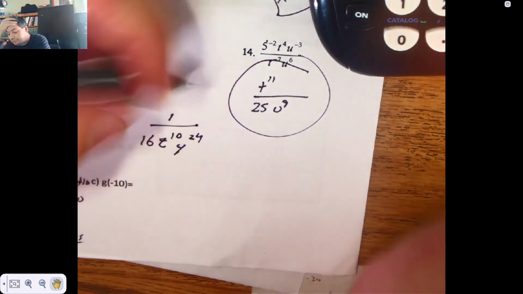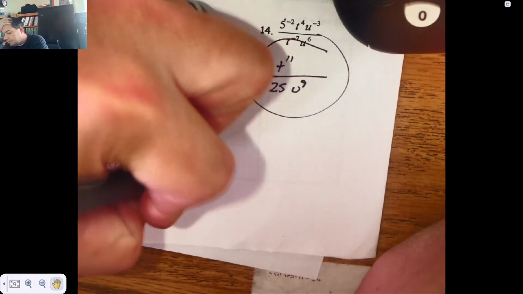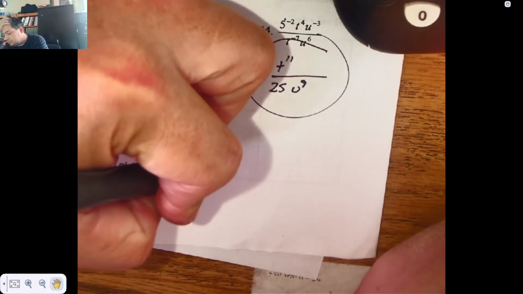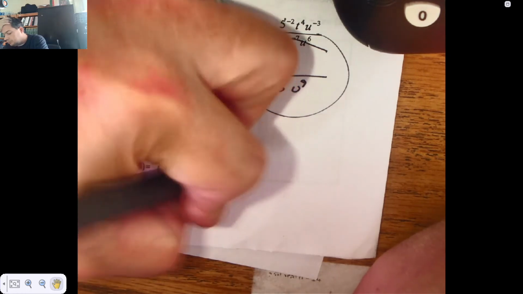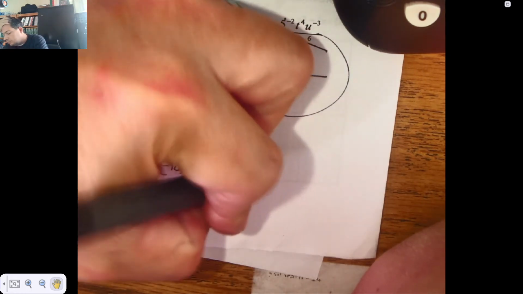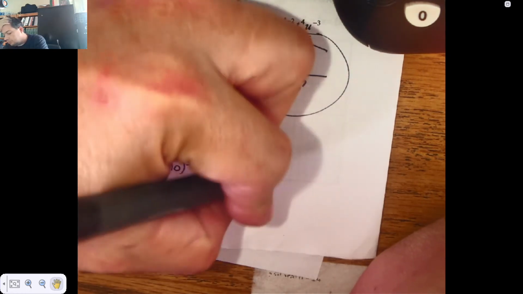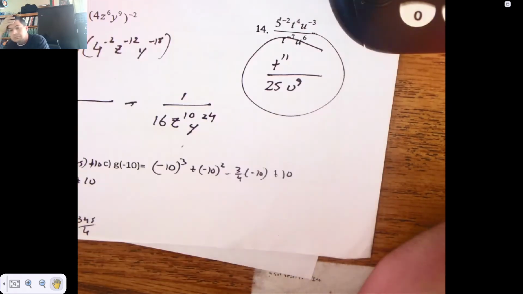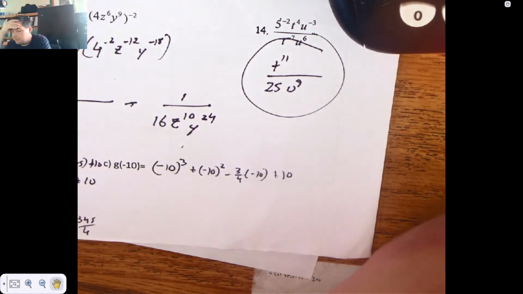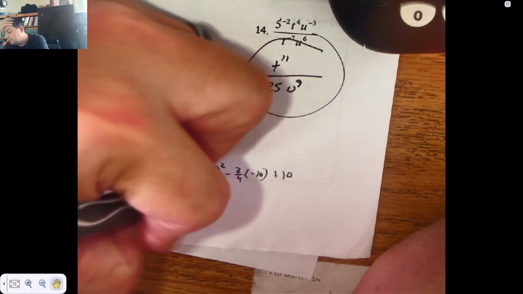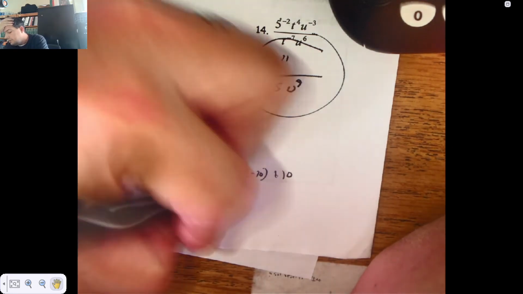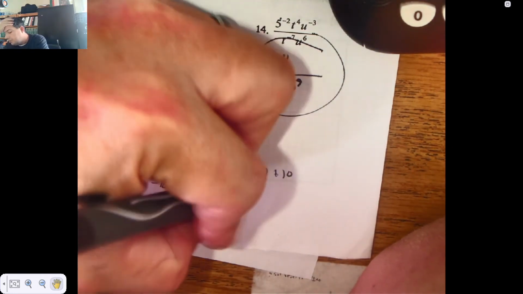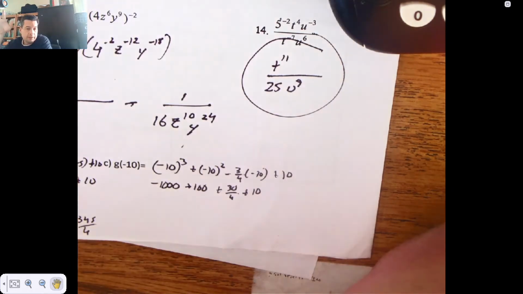And last up is g of -10. So we'll take a -10 and plug it in. And so -10 cubed is -1000 plus 100 plus 30 quarters plus 10. Start to put some things together.